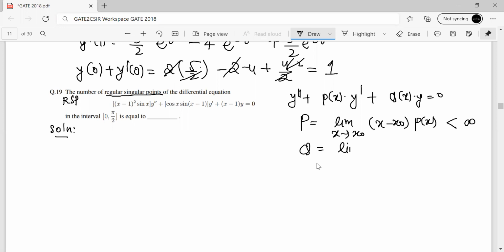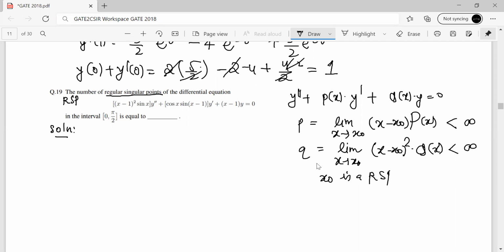And small q, the limit X tends to X naught of X minus X naught square times Q of X. Even this limit should exist finitely. If both the limits exist finitely, then we say that X naught is a regular singular point.